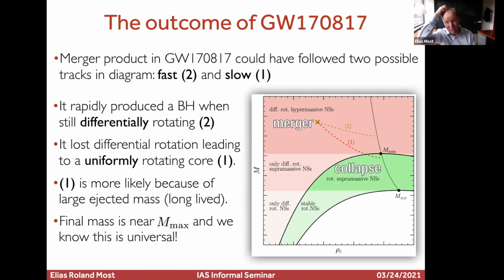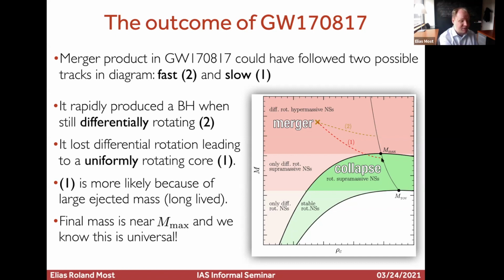And so the picture that we will be discussing here is the following. 170817 starts out as a differentially rotating neutron star, so it has to start somewhere in the salmon region. Then it will spin down, via magnetic braking and via gravitational wave emission. Doing a timescale estimate, you find this takes a bit longer than quickly collapsing as a differentially rotating star.